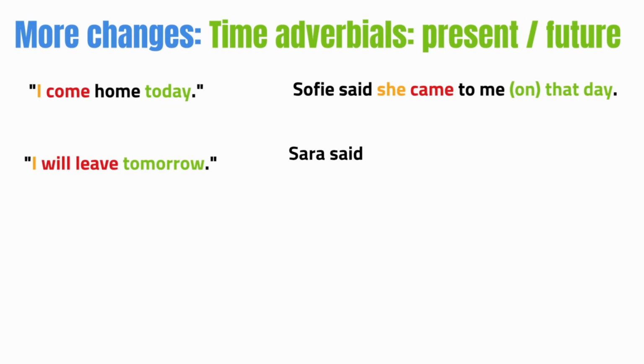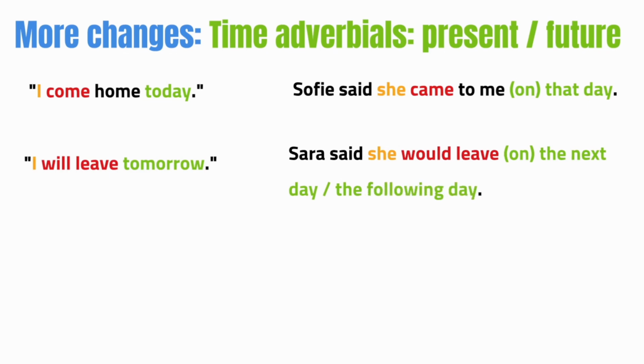And let's talk about the future. I will leave tomorrow. And tomorrow turns into: Sarah said she would leave on the next day, or something with following, on the following day.